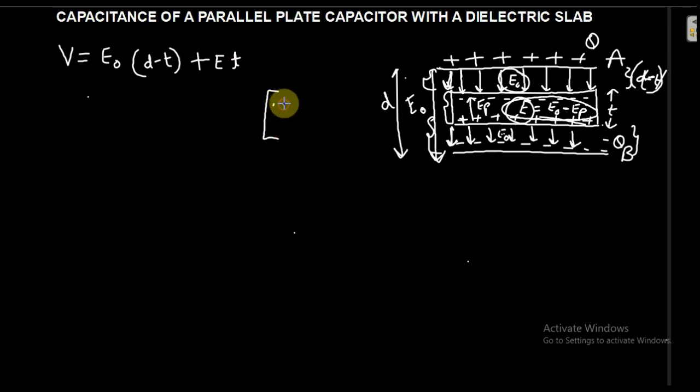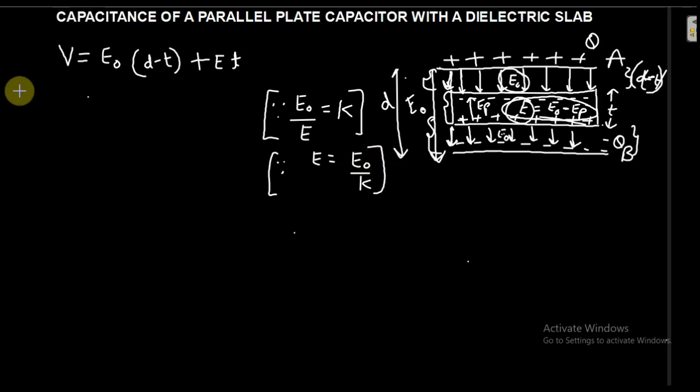Now in the next step we will use this formula for the dielectric constant. We know the electric field in the vacuum with respect to the medium is equal to K, where K is the dielectric constant. So from this formula we can find the value of capital E. E is equal to E naught by K. So substitute this value in this formula.